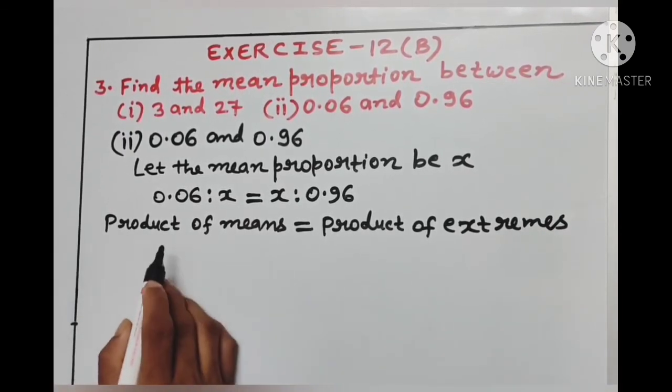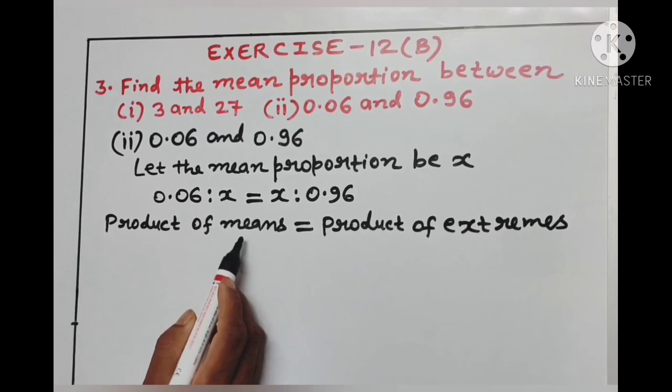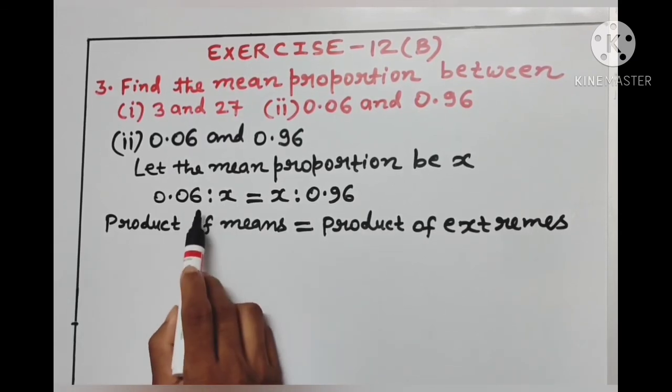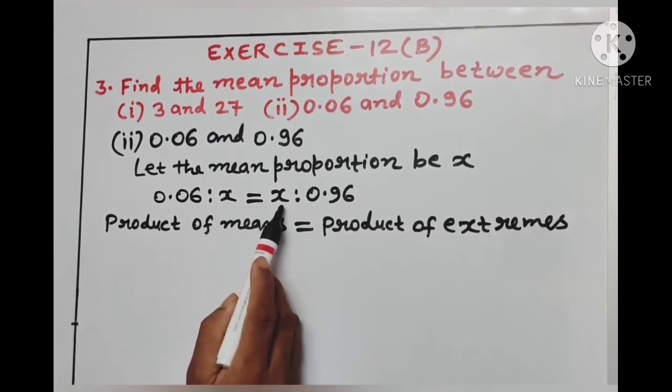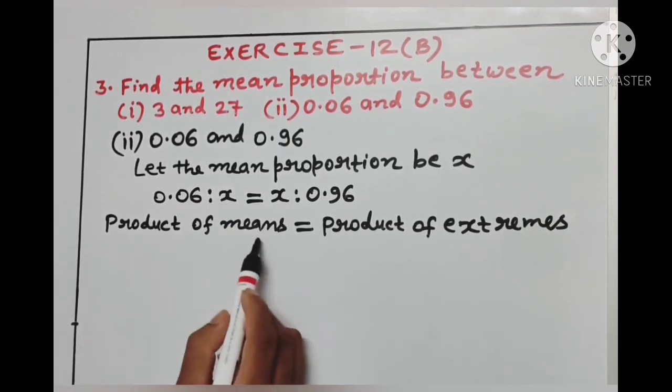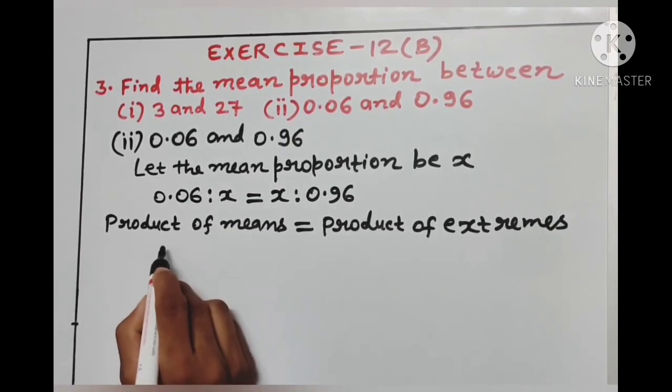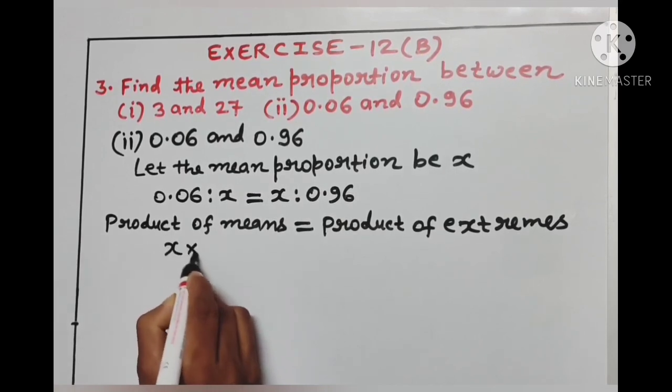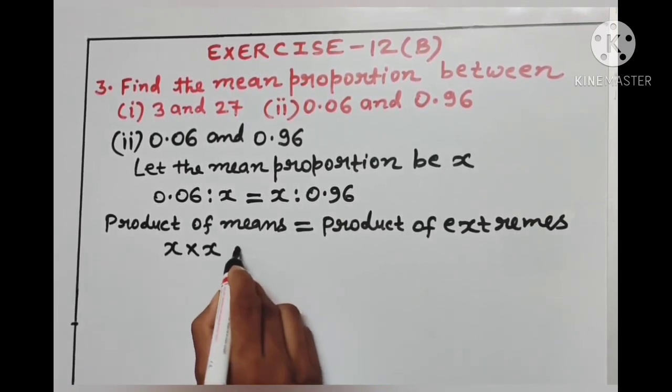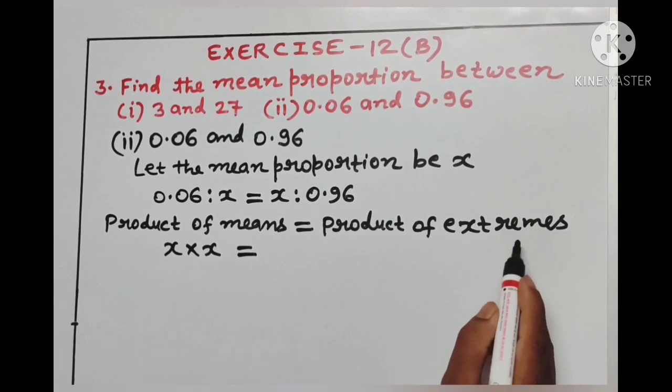Okay, so we are going to write the product of means here. So in this proportion, this x and this x, the second term and the third term, both are means. So the product of means is x into x, and it is equal to product of extremes.